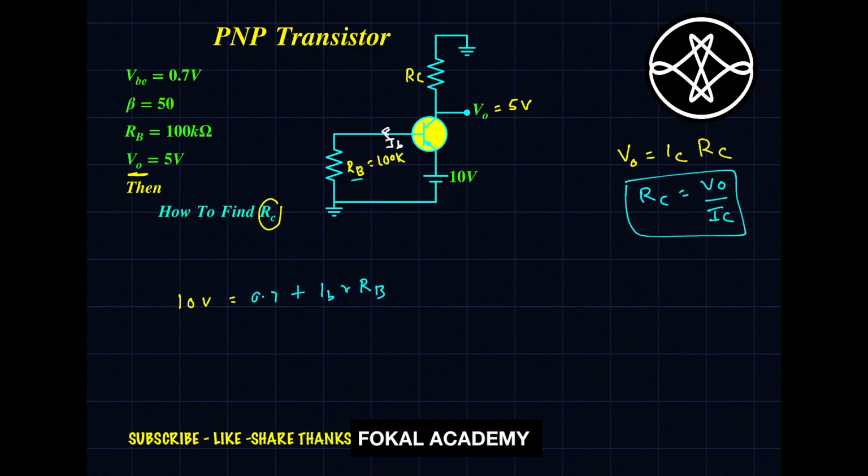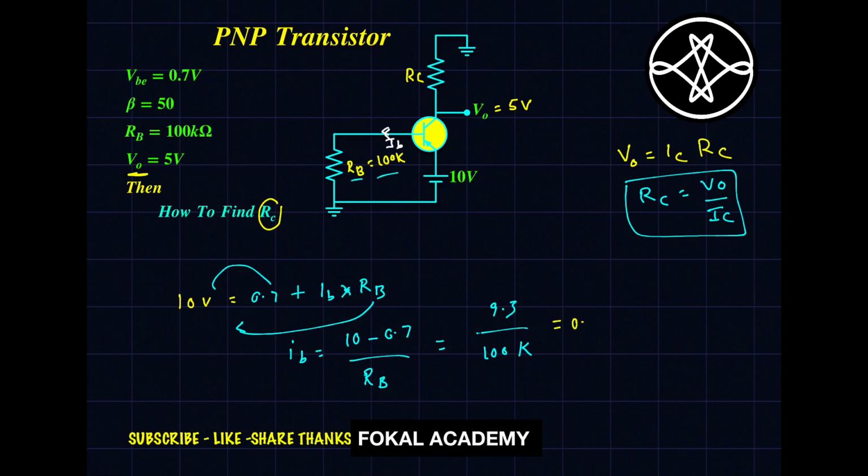So we get current IB equal to 10 minus 0.7 divided by RB, that is 9.3 by RB, where RB is given as 100 kilo ohms. By simplifying this we will get 0.93 milliamperes. So this is the base current for the given circuit.